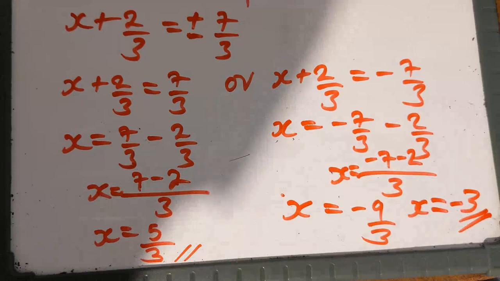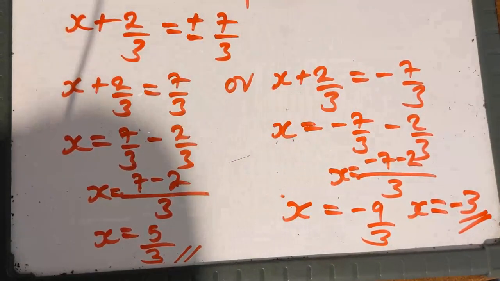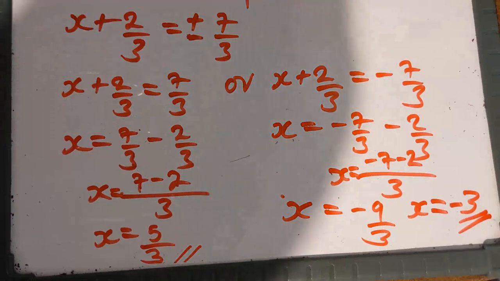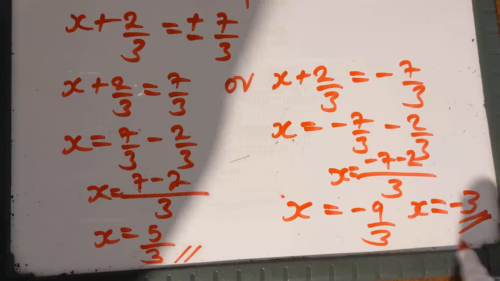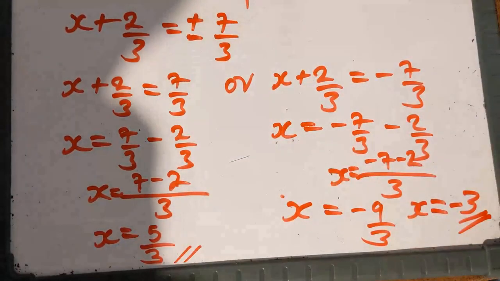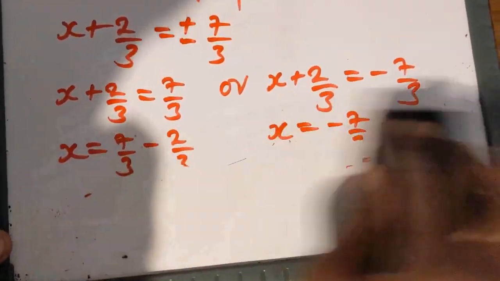Since 3 into 9, that is going to be what? It is going to be 3. Okay, so we have found the value of x. So that is how you do it.